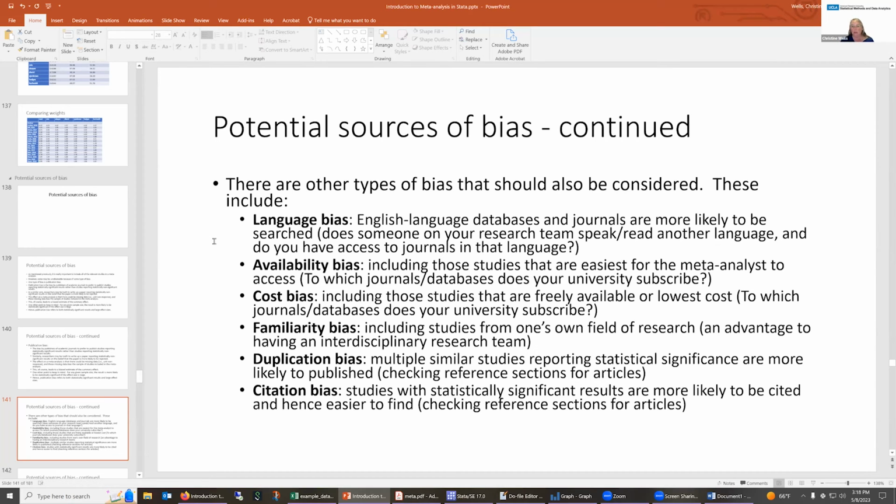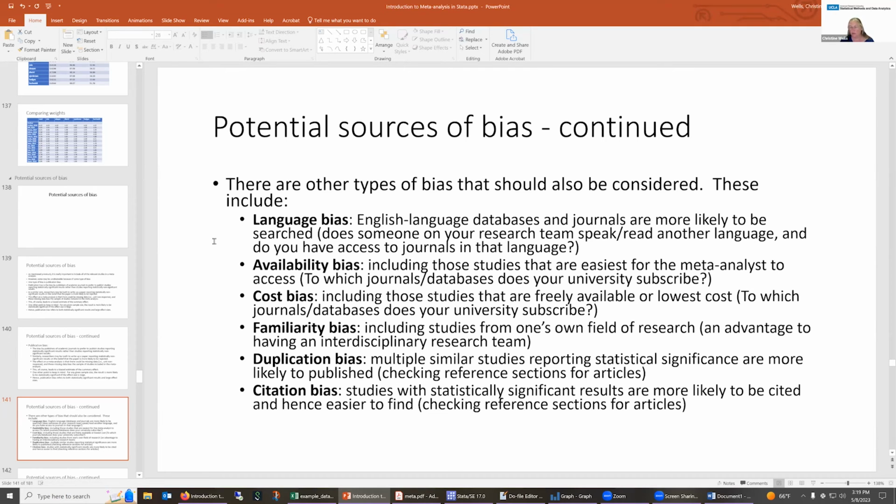The availability bias means that you're including those studies that are easiest for you to find or to access. So to which journals or databases does your university subscribe? I've encountered this one. I was working with a group of folks from various universities on the African continent, and they just didn't have access to a whole bunch of the electronic databases.